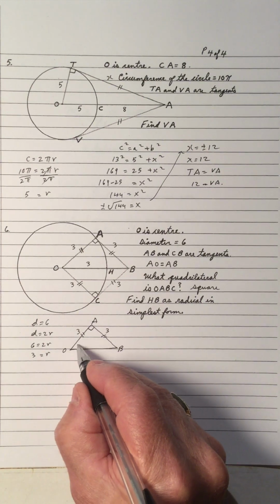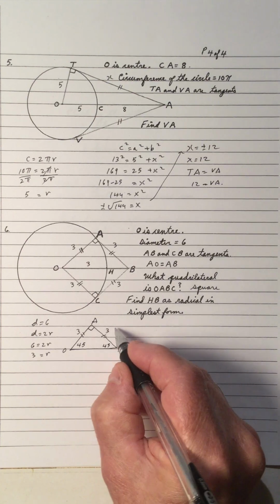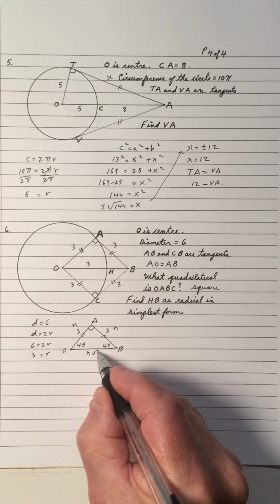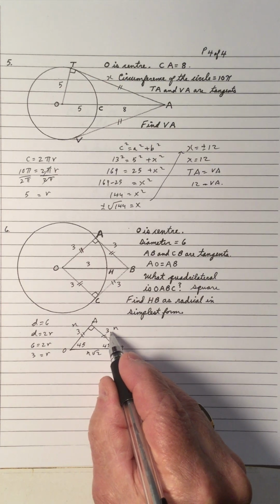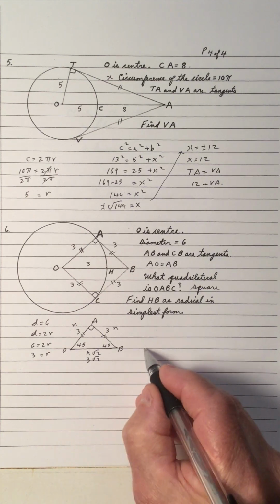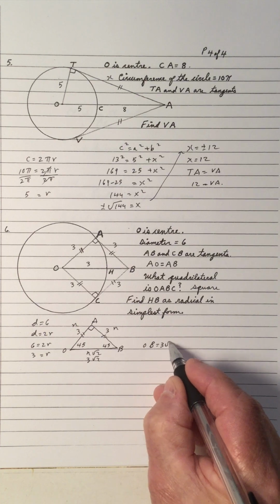So this is a 45-45-90 triangle. If two sides are equal, two angles are equal. So that's n, and that's n, and that's n root 2. So if n is 3, this side is 3 root 2. So OB is 3 root 2.